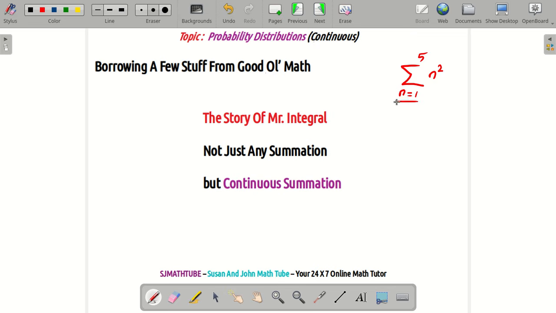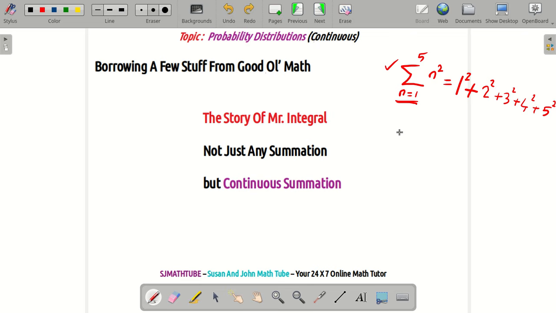So all I have to do is input the value n is equal to 1, so that I get 1 square, and sigma says addition. Then I'll get 2 square plus 3 square plus 4 square plus 5 square. So this is discrete summation.